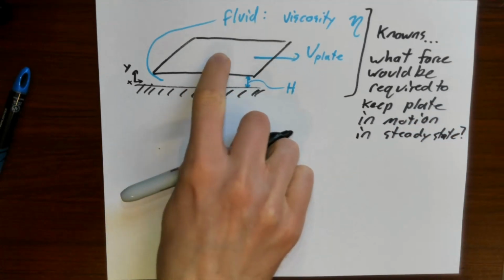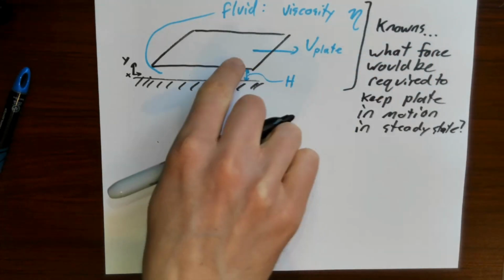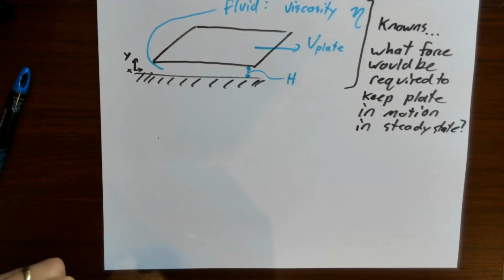I.e., if I were to maintain this plate at its constant velocity v plate, how much force would I need to keep applying to that plate in order to keep it there?